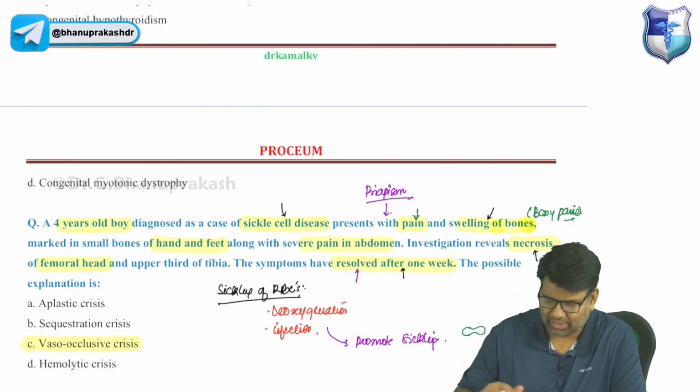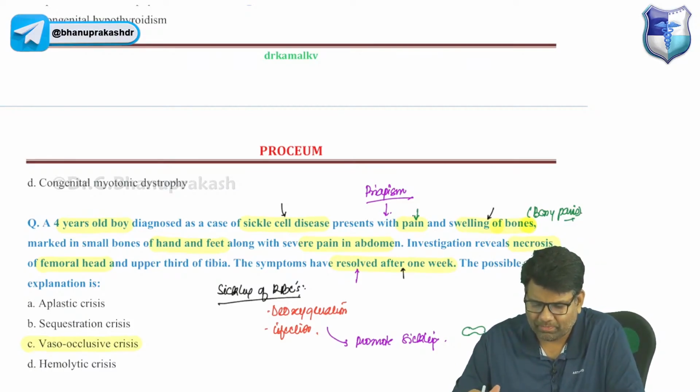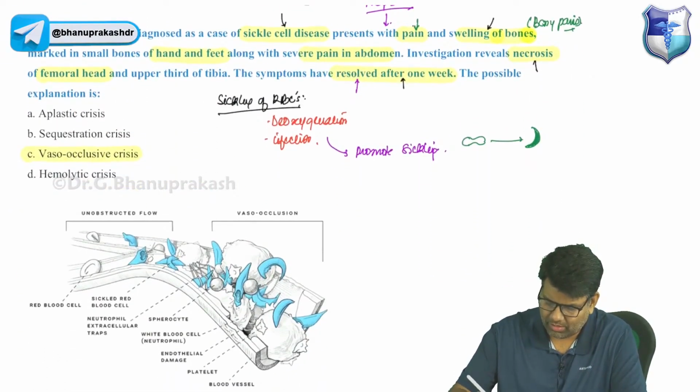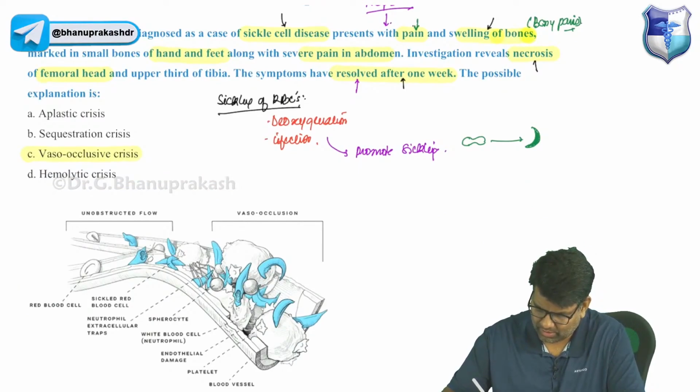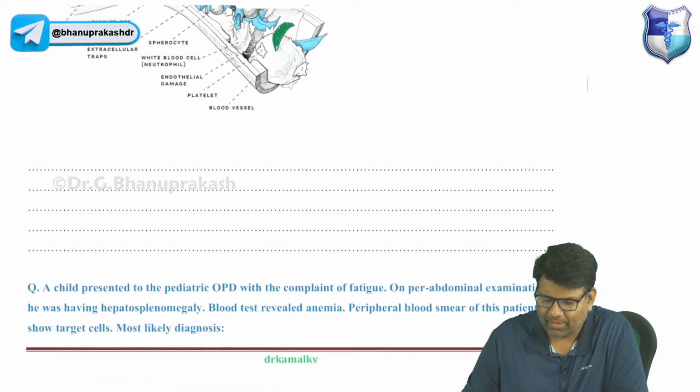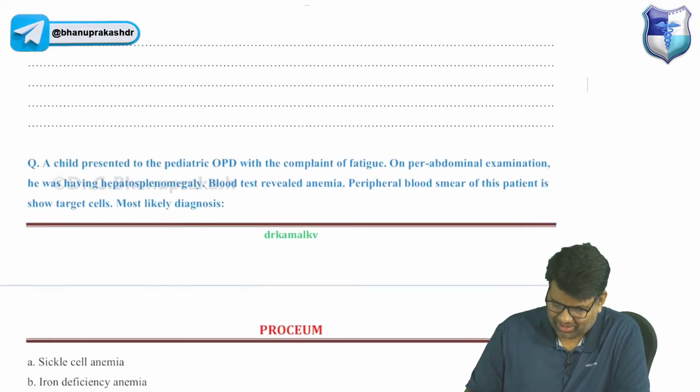So this is a classical vaso-occlusive crisis. You can see the sickled RBCs leading to vaso-occlusion. So vaso-occlusive crisis. Right.